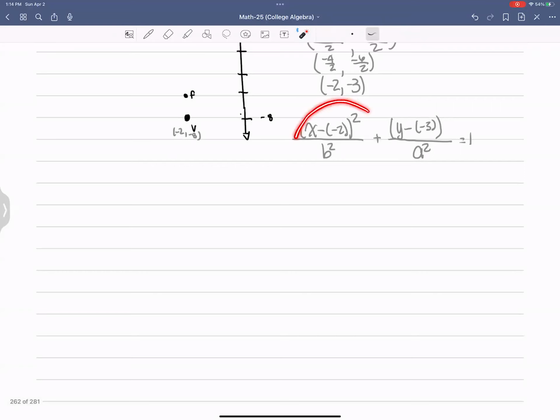And now let's just simplify this, giving us x plus 2 squared over b squared plus y plus 3 squared over a squared equals 1.